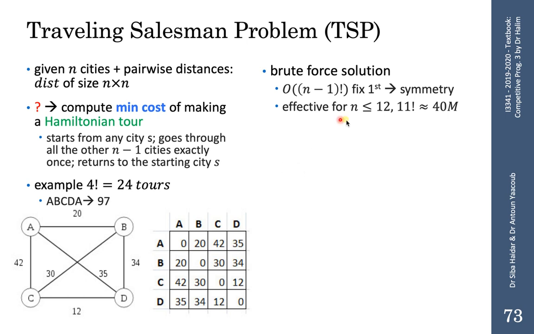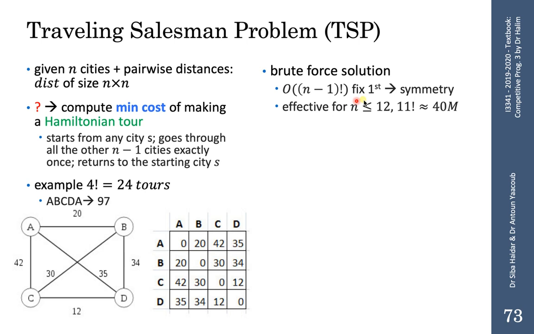One brute force solution to this problem is to try all the possible tours that we can make, which is instead of n factorial, n minus 1 factorial, if you suppose that this is a closed circuit after all, and it doesn't matter which city you begin with, there is symmetry in the circuit.